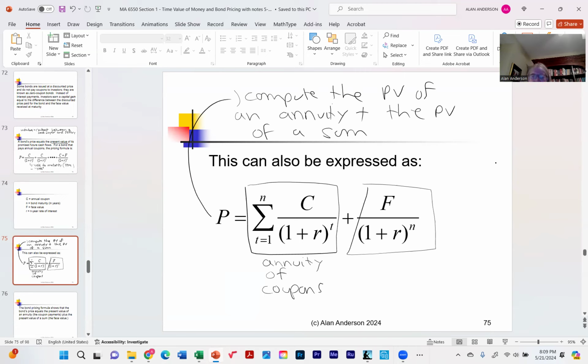Oh my God, is it really that straightforward? Yes, it is. And by the way, I just want to point out too, you may have heard this phrase before: because these cash flows are so predictable, thanks to the fact that they're legally required, bonds are often referred to as fixed income instruments, or fixed income securities.